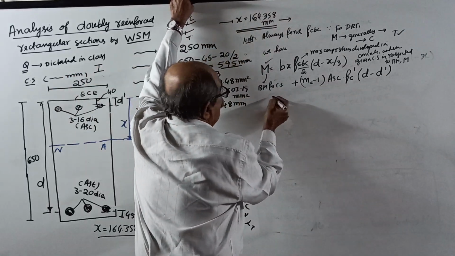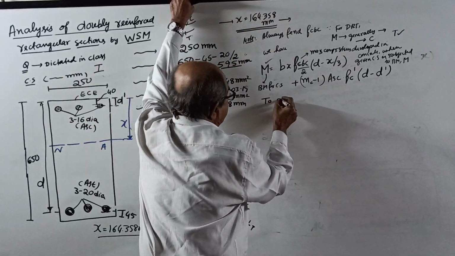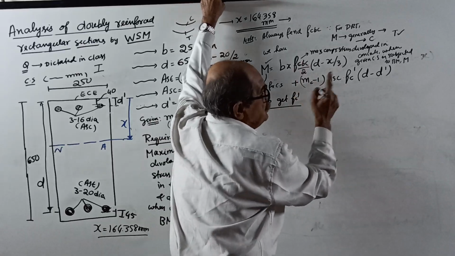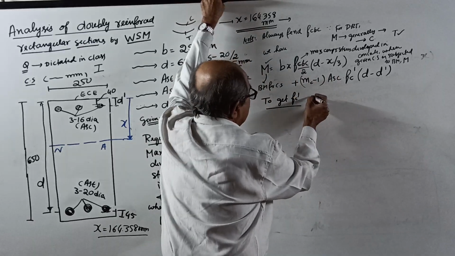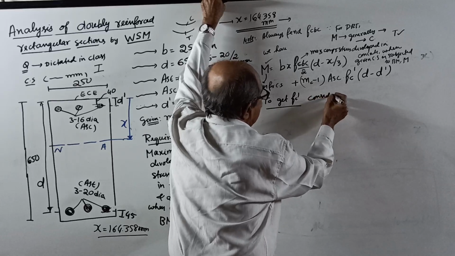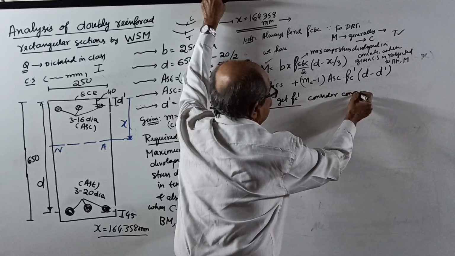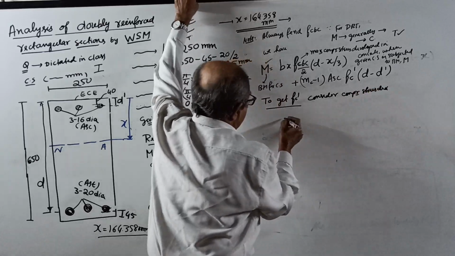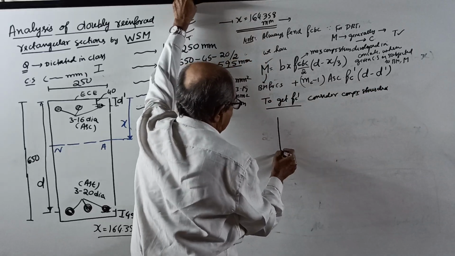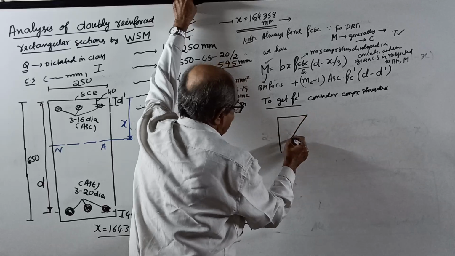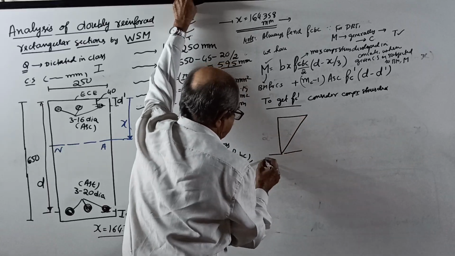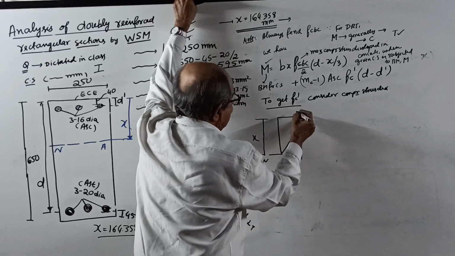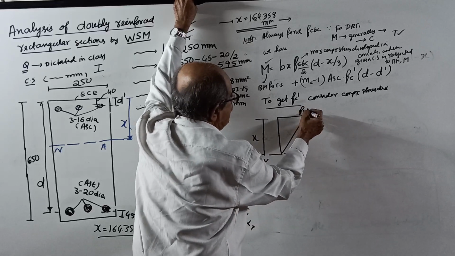Notice now, to get FC dash, how to get FC dash? I already told you, consider the compressive stress diagram. Only the compressive stress diagram. This is the neutral axis. This is your X. This is your FCBC.